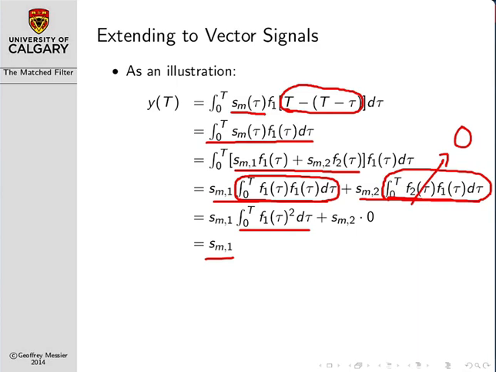Then rather than getting just our signal vector value, we would have some kind of noise term at the output as well. And so the signal vector that we recover isn't going to exactly correspond to any of our transmitted signal vectors because of the noise corruption on each of our signal vector values. And then our discussion of the detector will deal with how we deal with this residual noise in our signal vector values in such a way that we can make the most reliable bit decision possible.